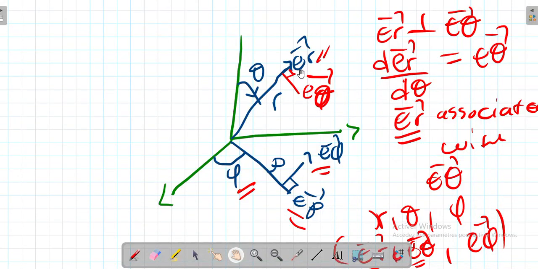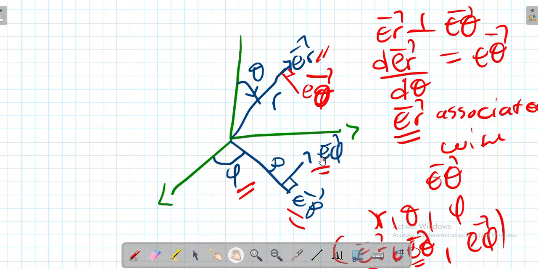So you have to know that ER is always associated with E theta. Then E rho is also always associated with E phi, such that when they ask you to find the derivative of E rho with respect to the angle phi, you find E phi. The derivative of ER with respect to the angle theta will give you E theta.